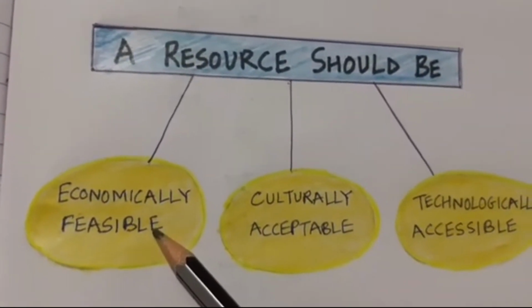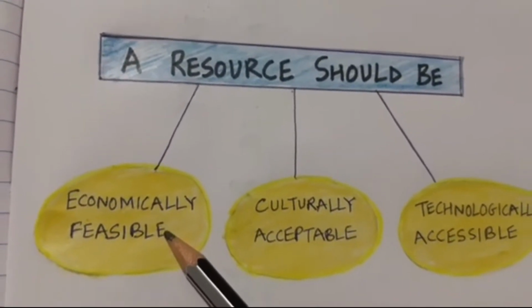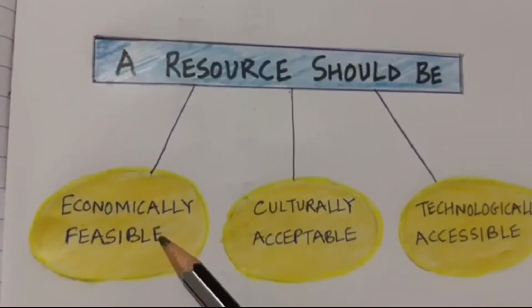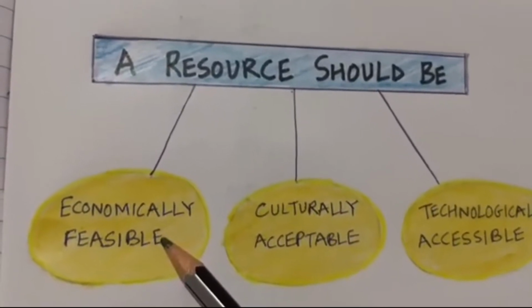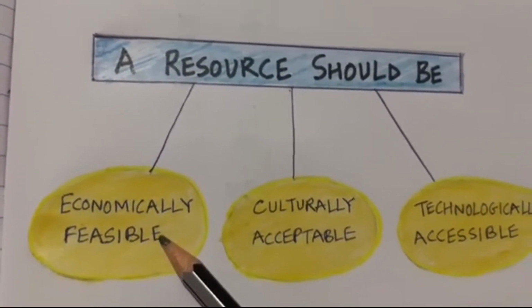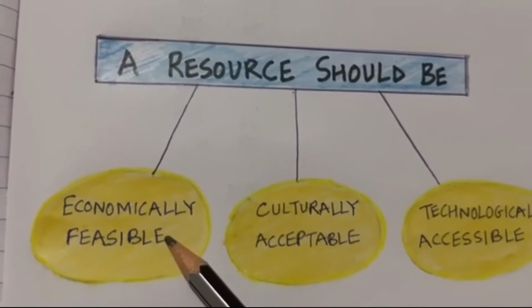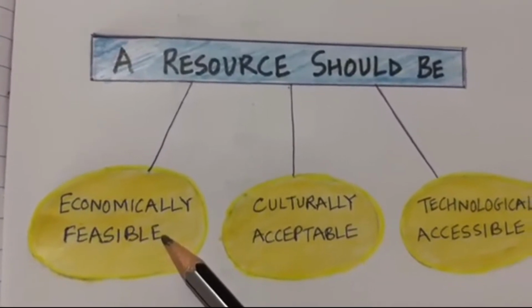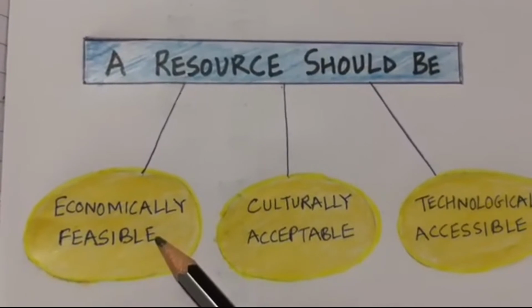For example, if you have to provide electricity to a large building, we cannot use solar energy as a resource. This is because solar panels have silver lining in it. This will make it very expensive and this resource cannot be used easily. So it is not economically feasible.